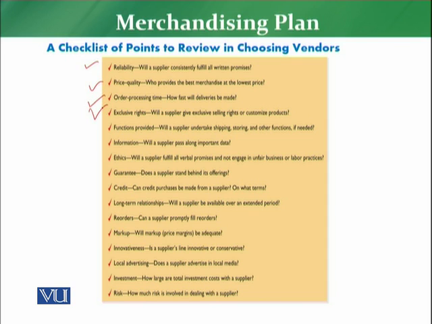For example, if the bottle is available in 500 ml, 200 ml, and maybe 1 liter, maybe for a particular retailer it is available in 1.25 liters. That is the exclusivity. So if the vendor is going to offer you some exclusive right or some customized product, it would be an added advantage, a positive factor in identifying this vendor.